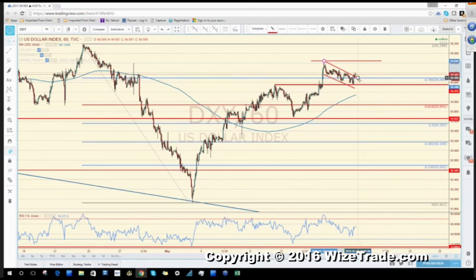Now, if this is a flag pattern, we're already trying to play out this flag pattern, all right? That means support is going to be very critical here for any bulls. If you're a dollar bull, we have to stay above 94.35. Period. End of story. Okay.